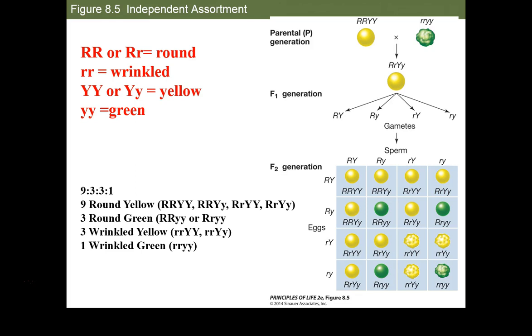His results showed that these traits separated independently, meaning they are not on the same chromosome. His results showed the 9 to 3 to 3 to 1 ratio, meaning that out of the 16 pea plants, 9 would show both dominant traits of being round and yellow, 3 would be round and green, 3 would be wrinkled and yellow, and only 1 would have both recessive traits, being wrinkled green.